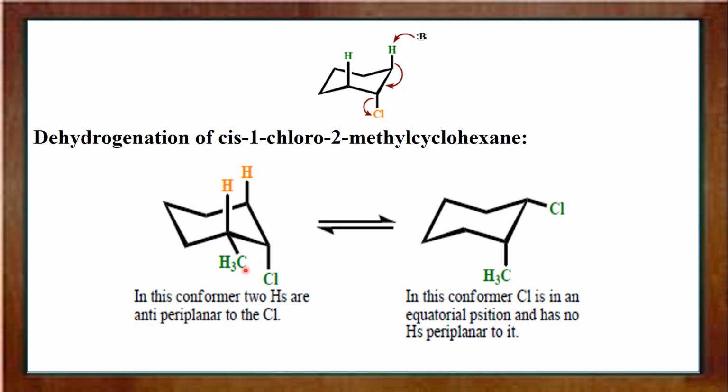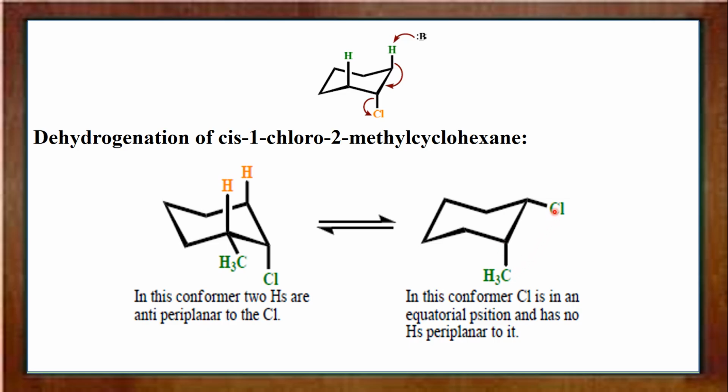In this conformer, chlorine is in the axial direction and it has two beta hydrogens which are anti-periplanar with this chlorine. Whereas in another conformer I have given, when this undergoes ring flipping, it generates another conformer where chlorine is oriented in the equatorial direction, methyl is oriented in the axial direction.